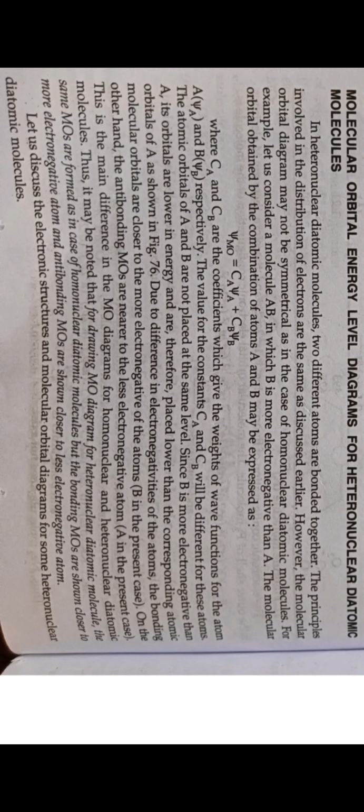Here, Ca and Cb are the coefficients which give the weights of the wave function for the atoms A and B respectively. The values of the constants Ca and Cb will be different for these atoms.